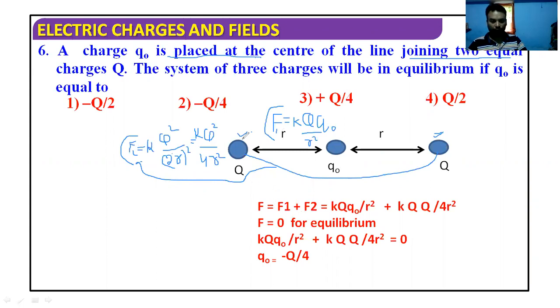The total force on this charge due to these two charges, that is due to Q naught and Q, is F equal to F1 plus F2. Place the value of F1, place the value of F2, and we will get the result.